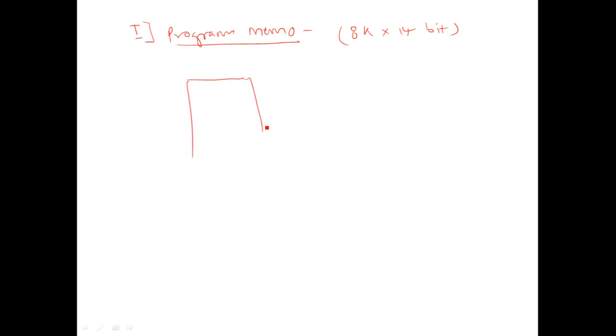I am talking about the program memory. It is 8K cross 14 bit. So as you know, the program memory is 14 bit wide, and there are 8 kilo locations.